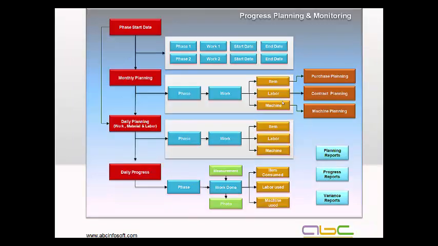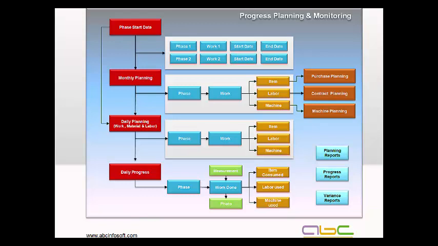The second part is my project planning part. While working with the planning part, we start with the monthly planning. While working with monthly planning, we define different locations and activities to do in an entire month. It will tell me the complete purchase planning, contract planning and the machine planning for the month for which we have done the monthly planning.